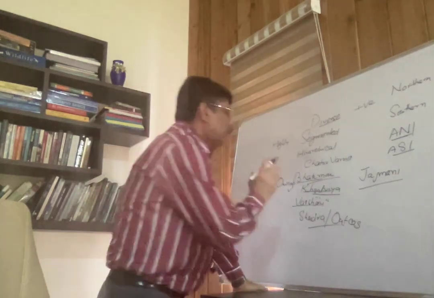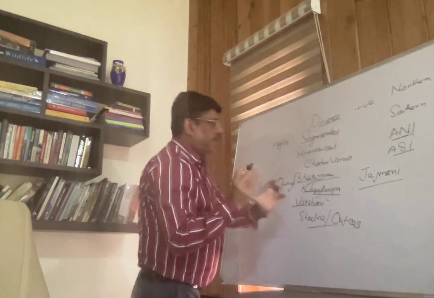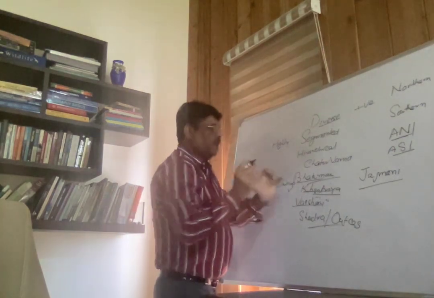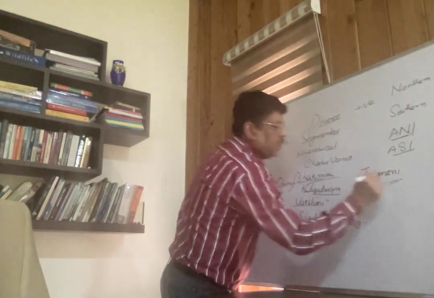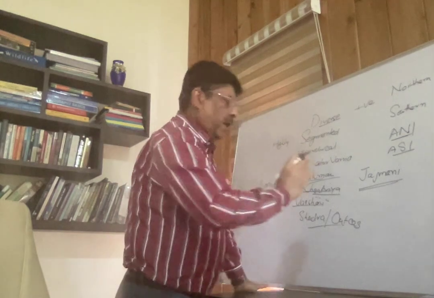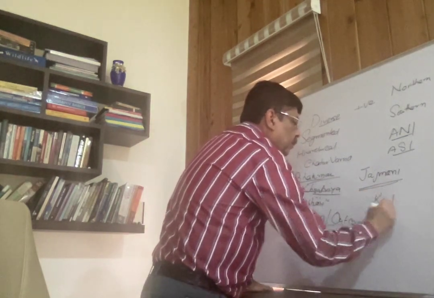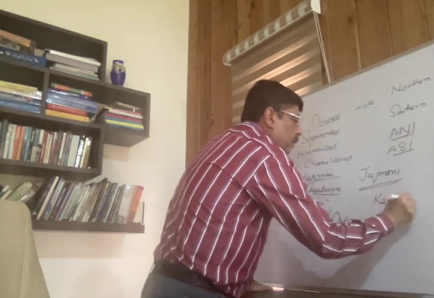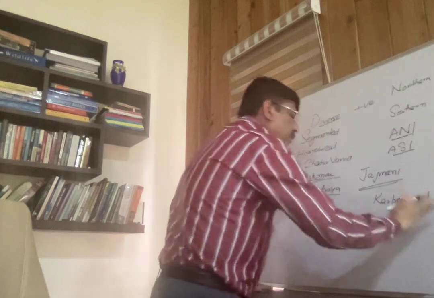Okay. The class they were serving were called Jajmans. That was the Jajmani system, and the serving castes, like the carpenter, sometimes they were called khati or something in many regions.